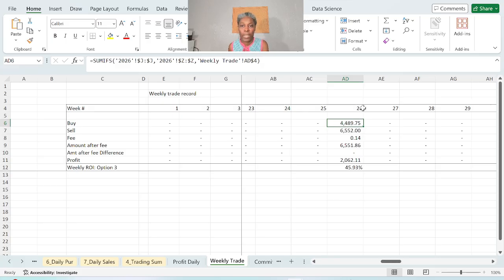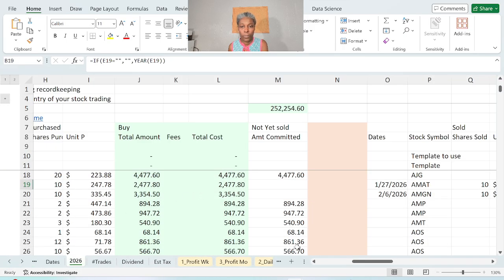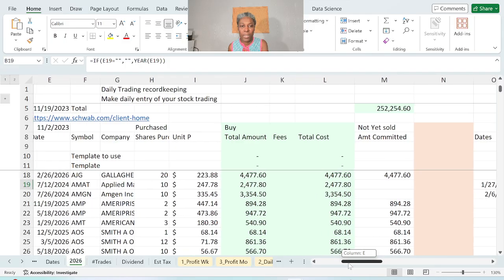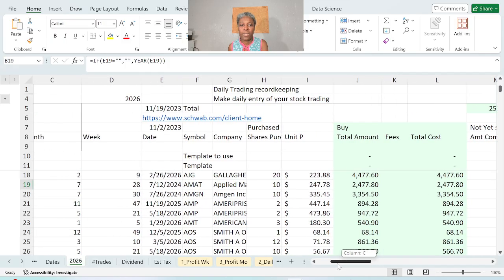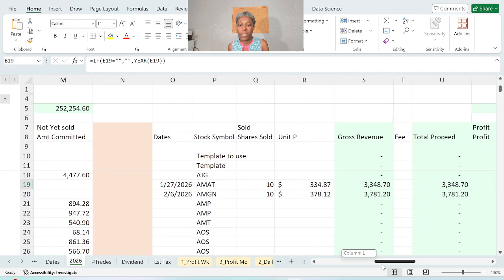So like week 26, for instance, if we go back, it's going to be all over the place though, but it's pulling things. Again, it depends on how you want to design it, but it's pulling things from what I sold and how much I paid for it, regardless of when I purchased it.